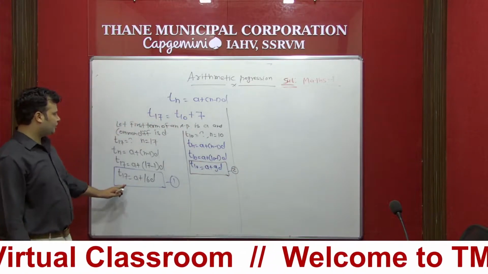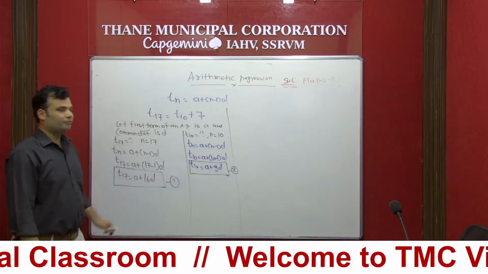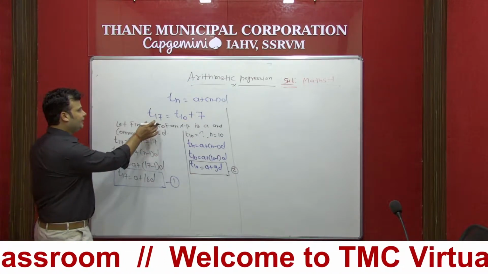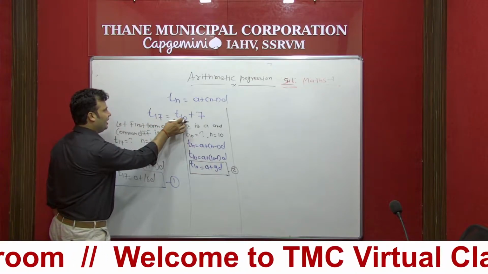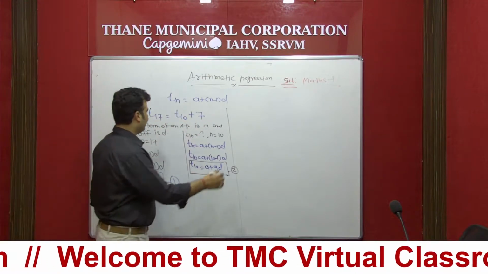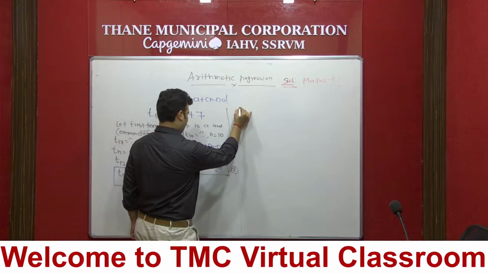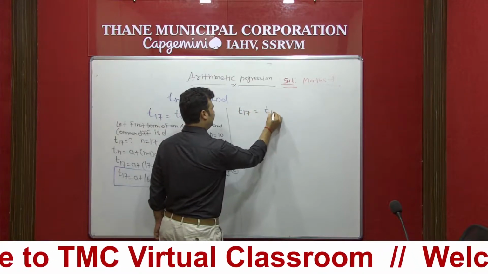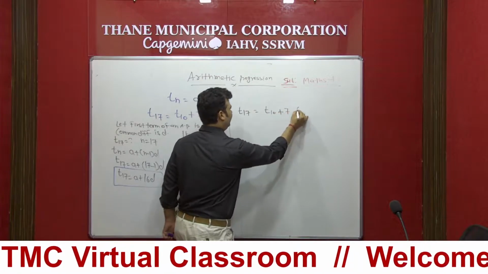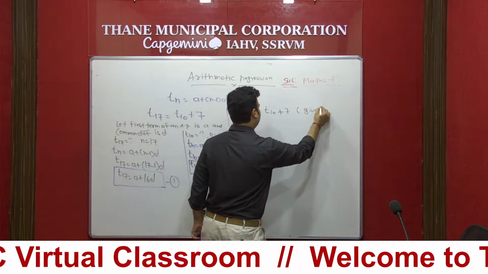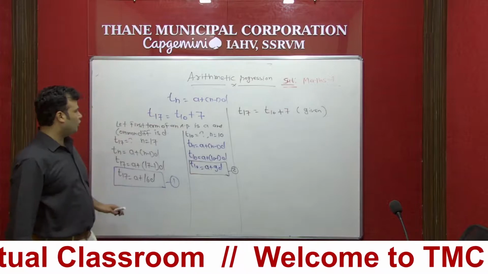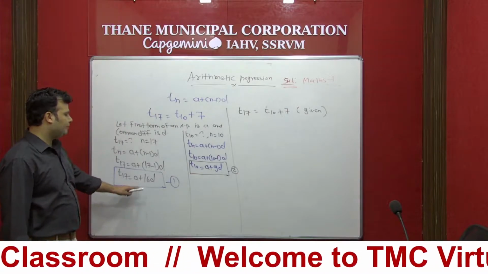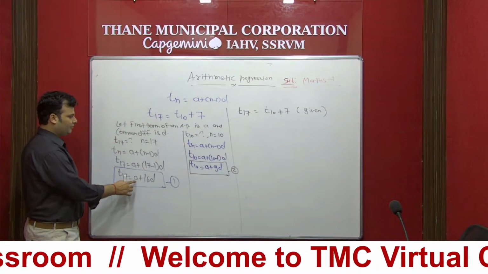Now student, we have equation number 1 and equation number 2. But what is the given condition? T17 equal to T10 plus 7. It is given only, the given part. So in place of T17, we can put A plus 16D from equation number 1.